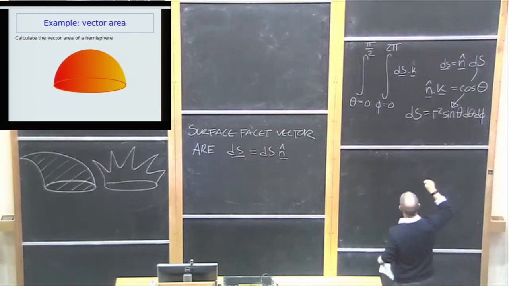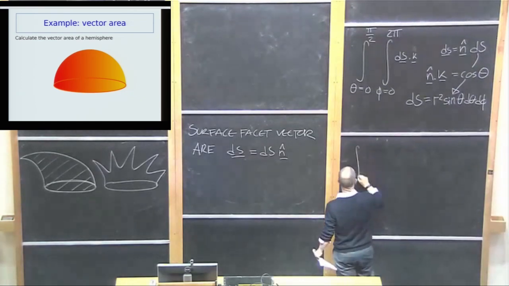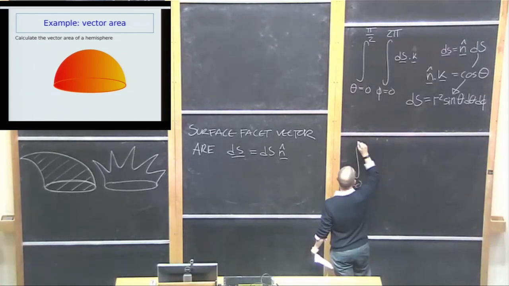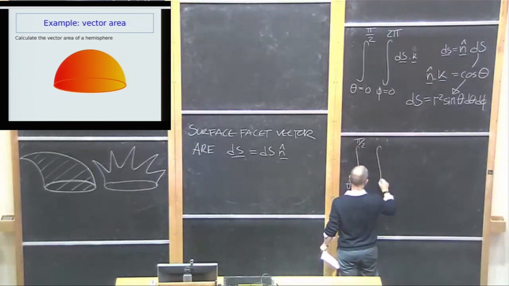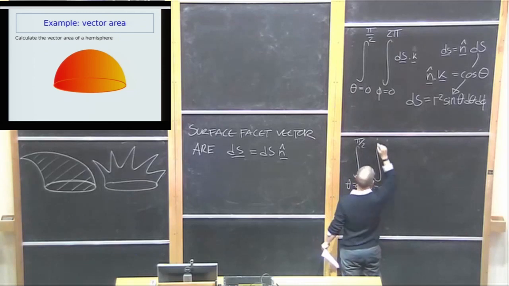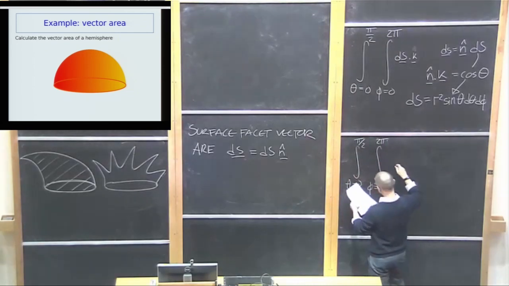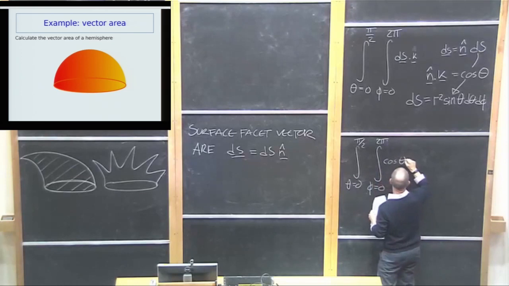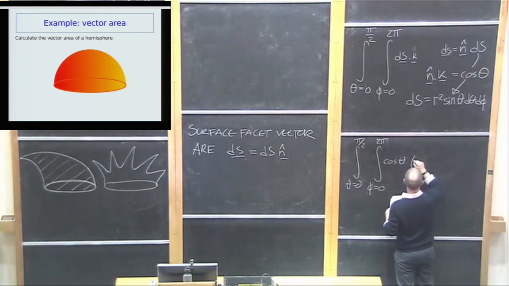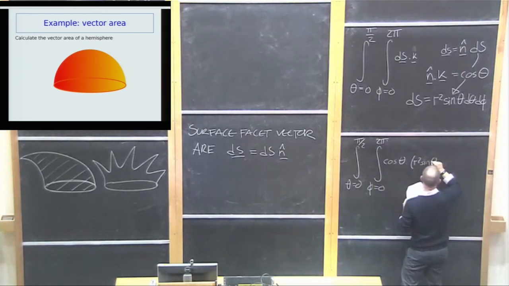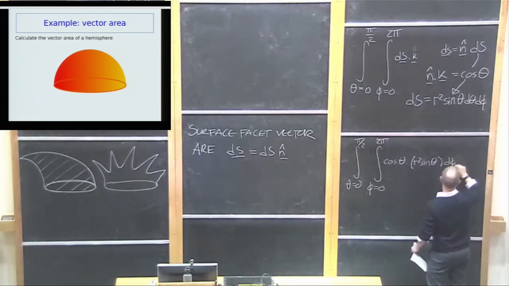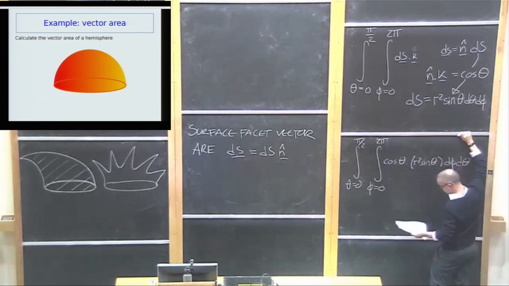So we need to put all of these things in. Our integral becomes the integral of theta between 0 and pi by 2, phi between 0 and 2 pi, of cos theta times r squared sine theta, integrated with respect to d phi and d theta.